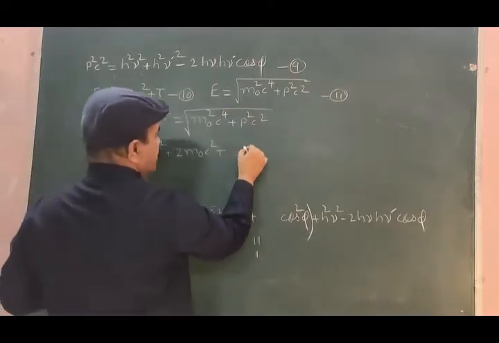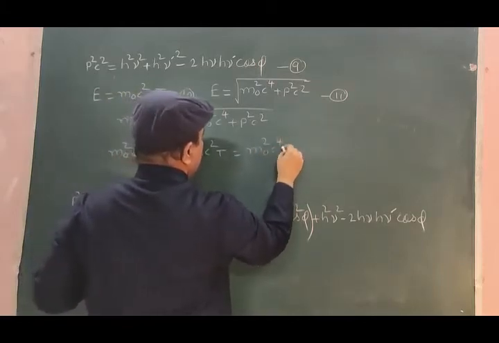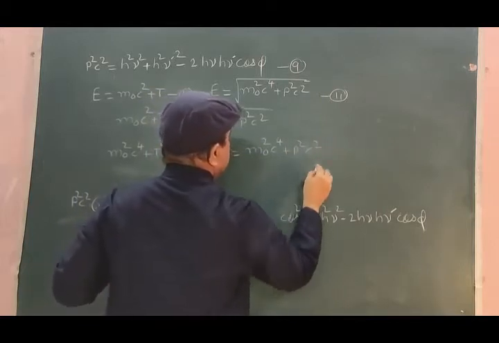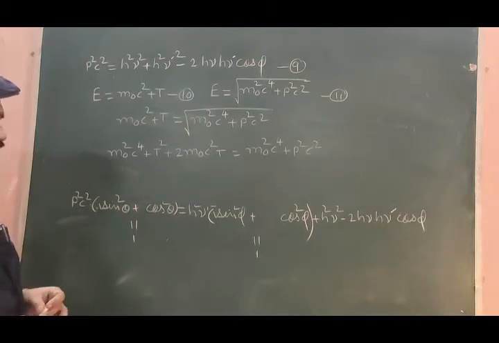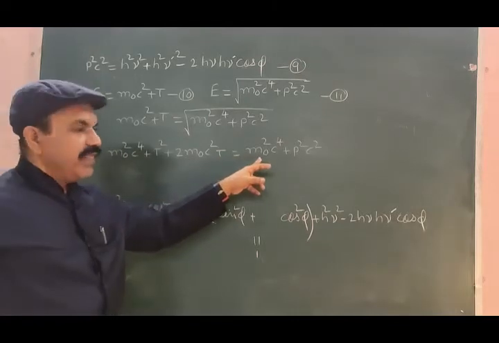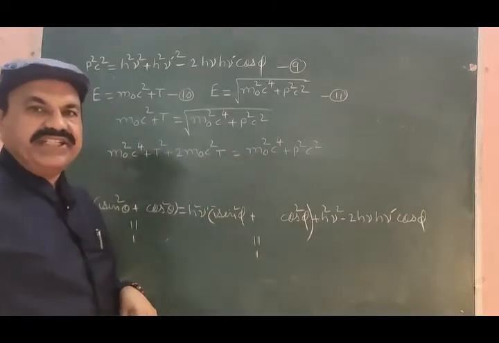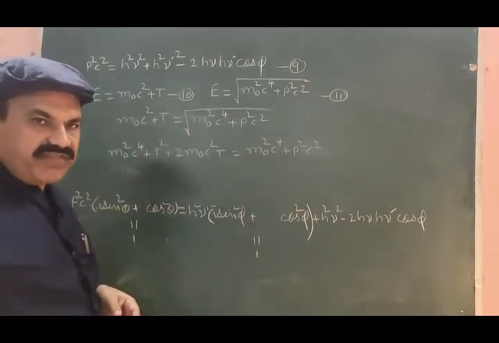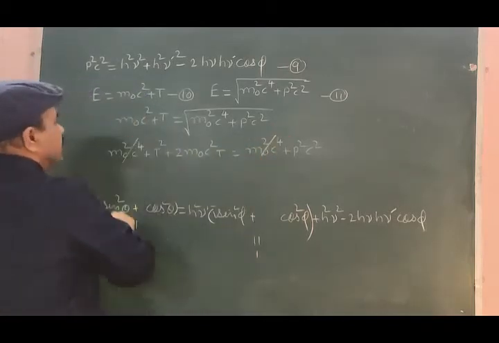The RHS is m0 square c to the power 4 plus p square c square. The m0 square c to the power 4 terms are identical and appear on opposite sides of the equation, and therefore they cancel out.